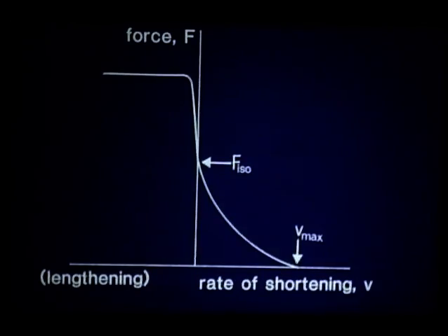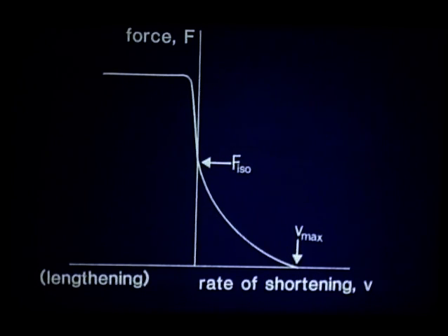And here's what physiologists tell us the properties of muscles are like. A graph showing the force that a muscle can exert plotted against the rate at which it's shortening. Lengthening, of course, is negative shortening, so we've got lengthening over at the left-hand side of the graph.